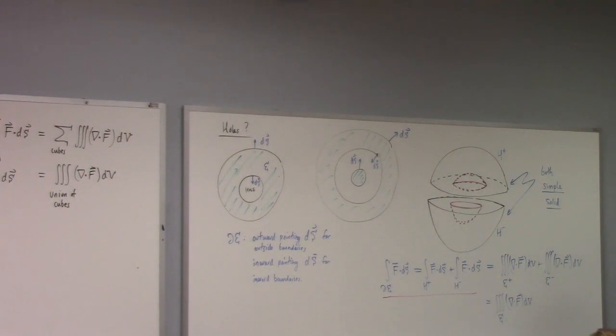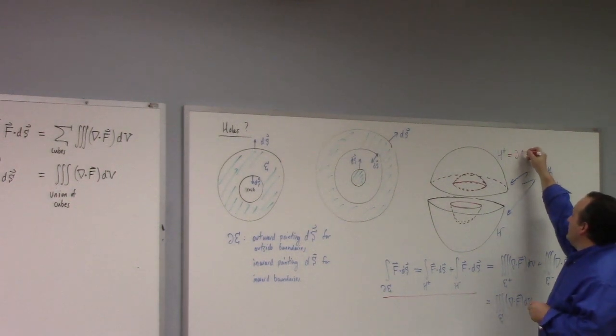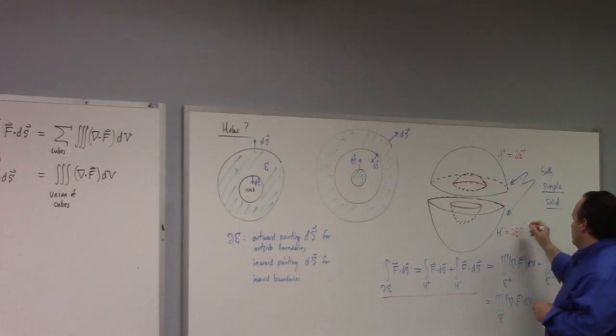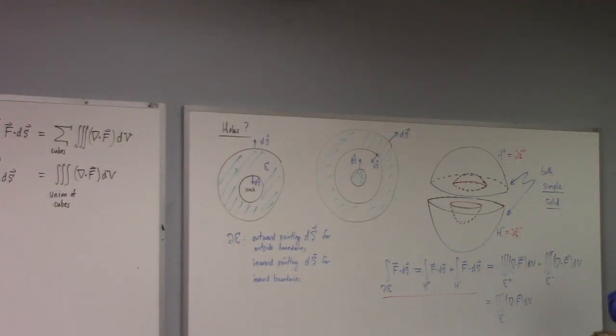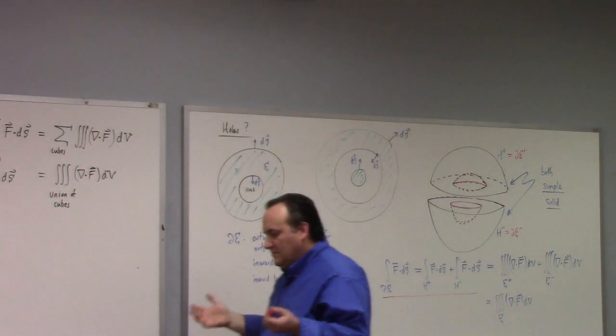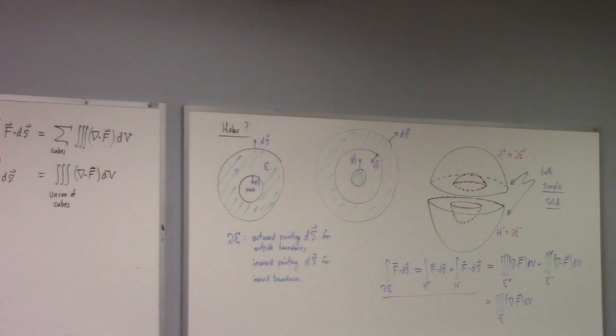Why is it that the integral, so this is the boundary of E plus, this is the boundary of E minus. What's the interesting aspect here? It's not the same flux calculation, technically speaking. There's two extra pieces, one in each part of the integrals being summed, right?